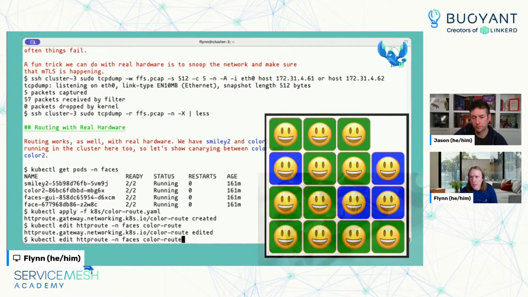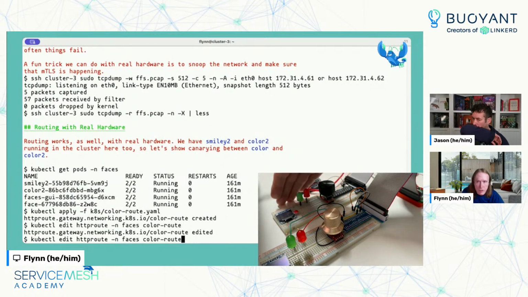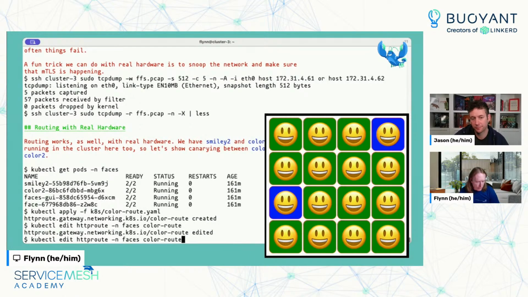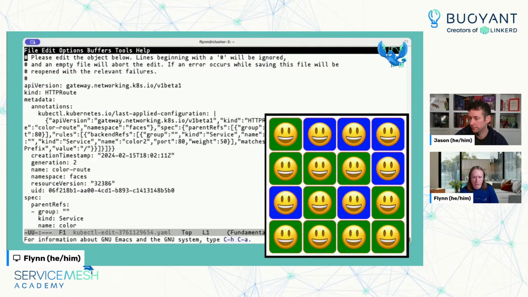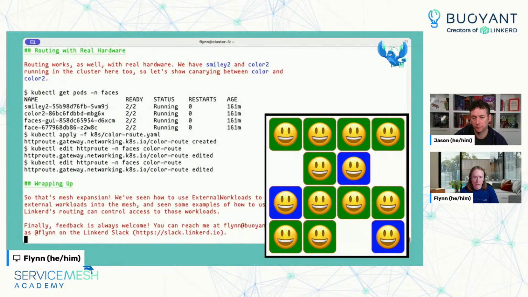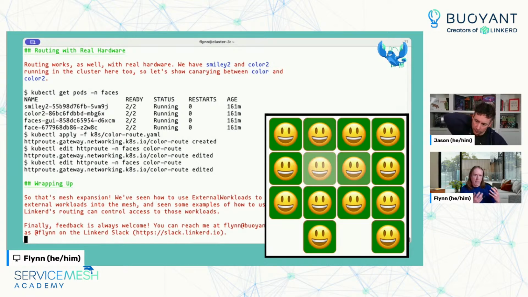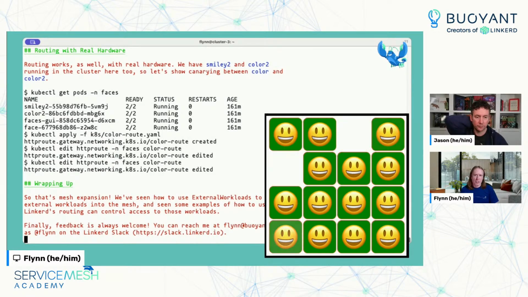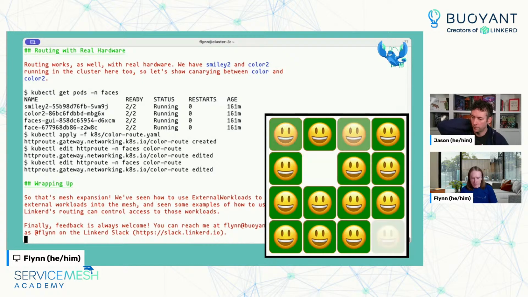And if I come back over here, then you can see this one blinking more often than it was a second ago. And all the blue should go away. Again, that's running on a bunch of Raspberry Pis, just hanging out doing their thing.